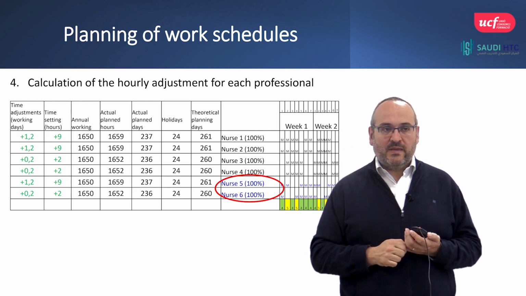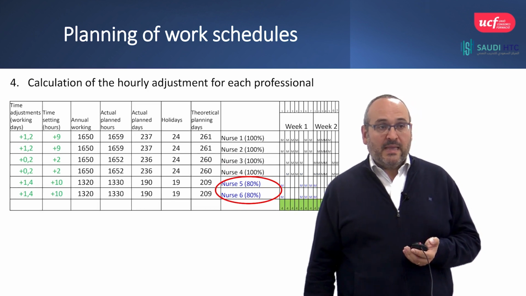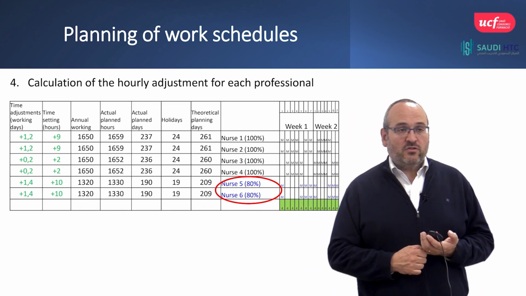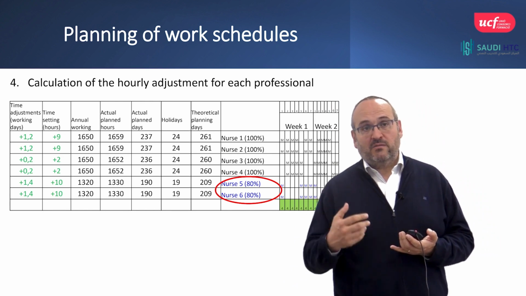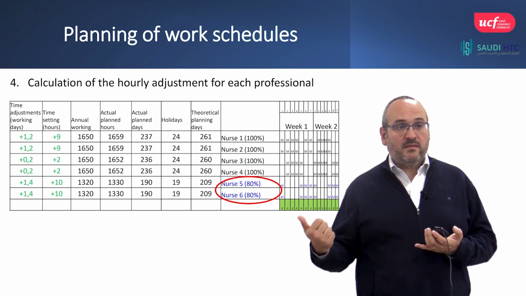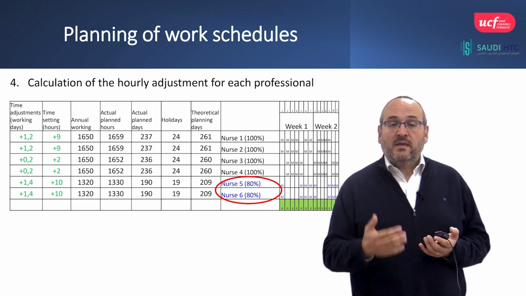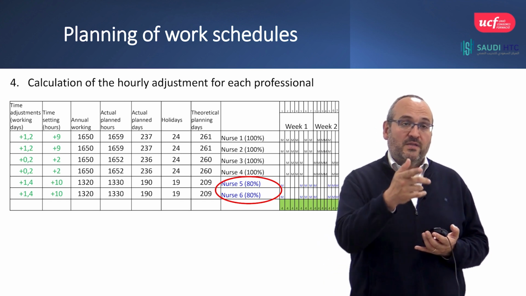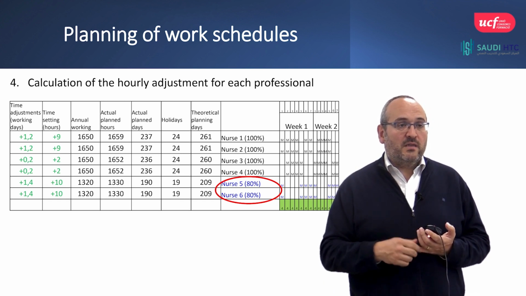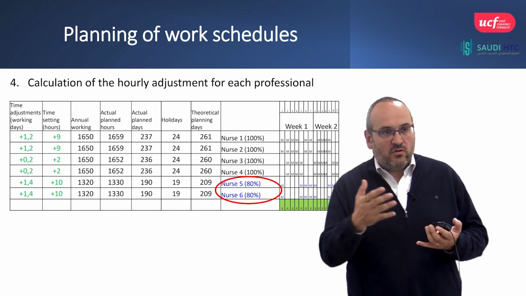What would happen if we hired them at 80%? Well, we will have to do the same operation, but taking into account that the vacation days will be different and that the contracted working day in hours per year will also be different. We do the same operation, and we get that these people, we owe them 1.4 days of holiday, or what is the same, 10 hours of holiday.